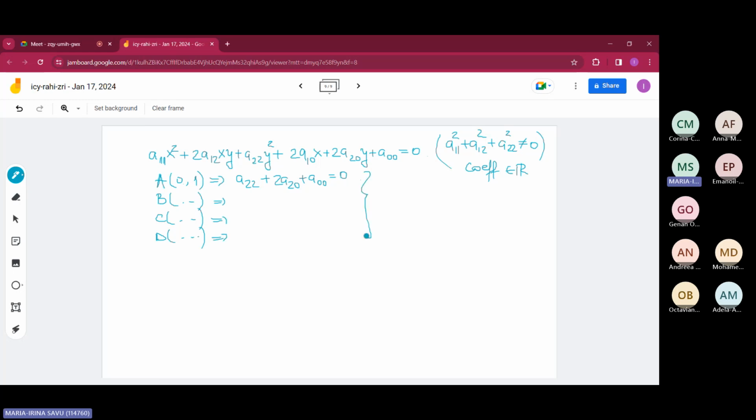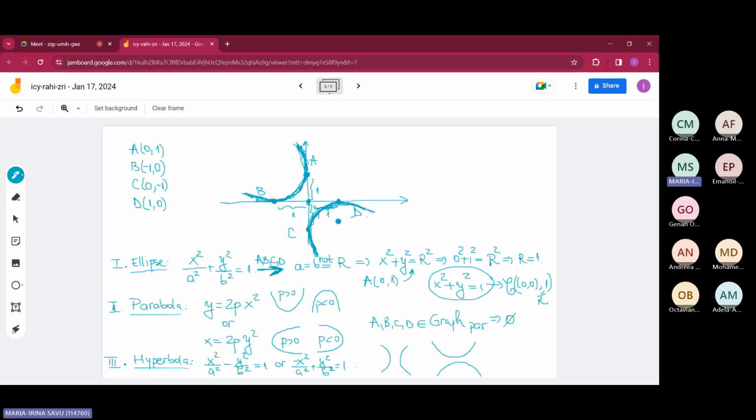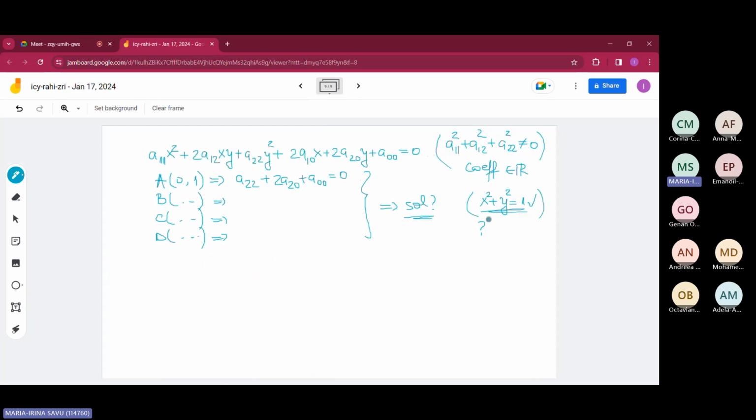And from this system, you can get a solution. You will take x squared plus y squared is 1, because this variable verifies the conditions. Okay, so you see that we can get the circle. But do you have another solution except the circle?